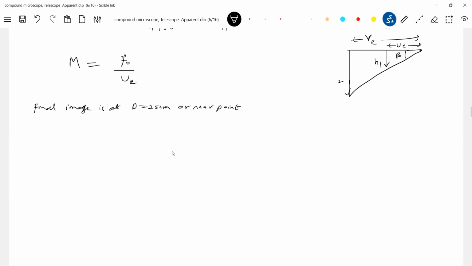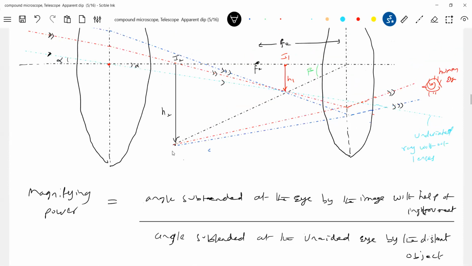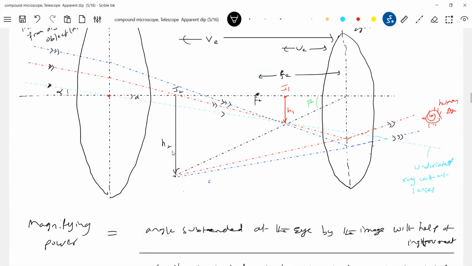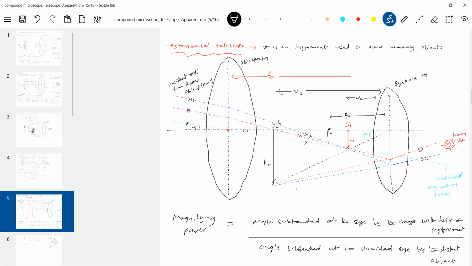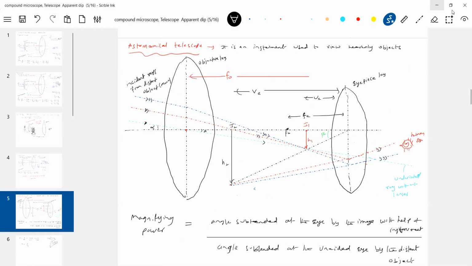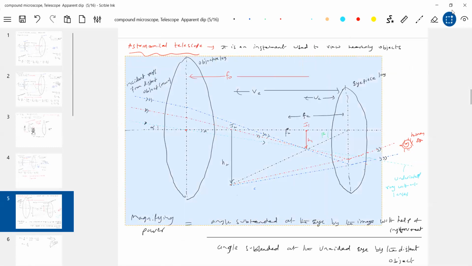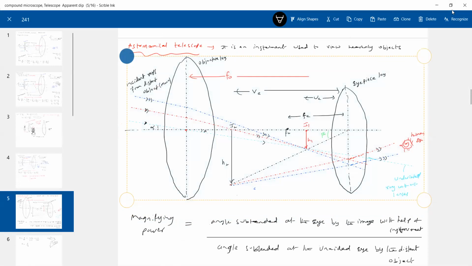The old diagram is very simple, the same diagram, only this VE will become 25 centimeter. I'll give the diagram in exams, so if you can remember one diagram, that is enough. No need to remember three diagrams here. Only the values will change a little bit.